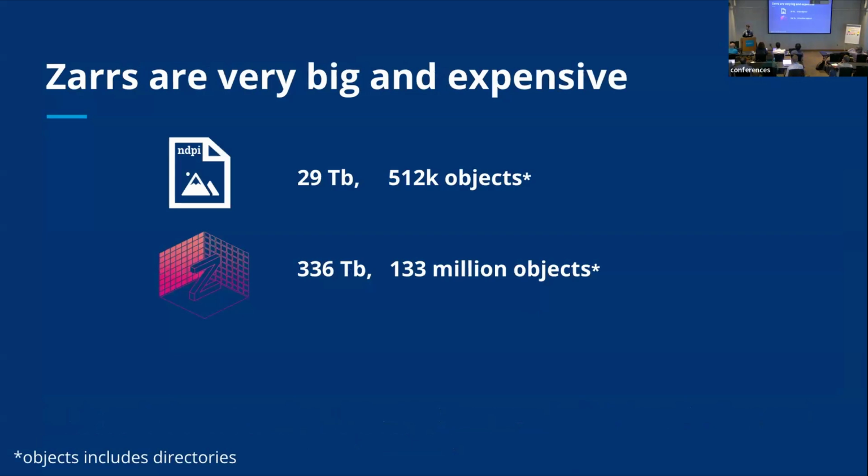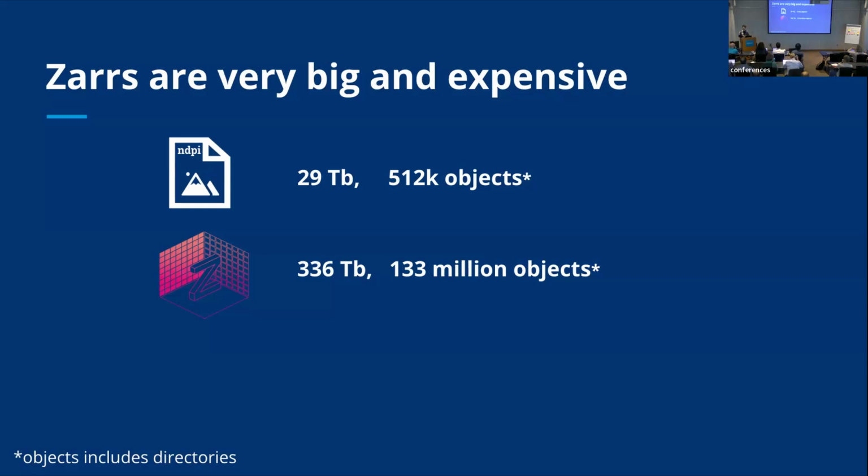So caveat, we discovered this. Zarrs are massive in two ways. So we typically have NDPI files. We have a lot of whole slide imaging at JAX. Our total data bucket recently was about 30 terabytes and about 500,000 objects.